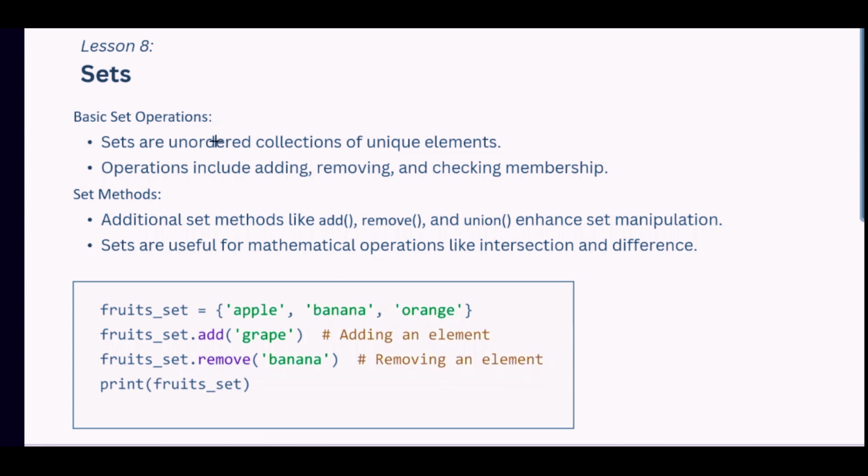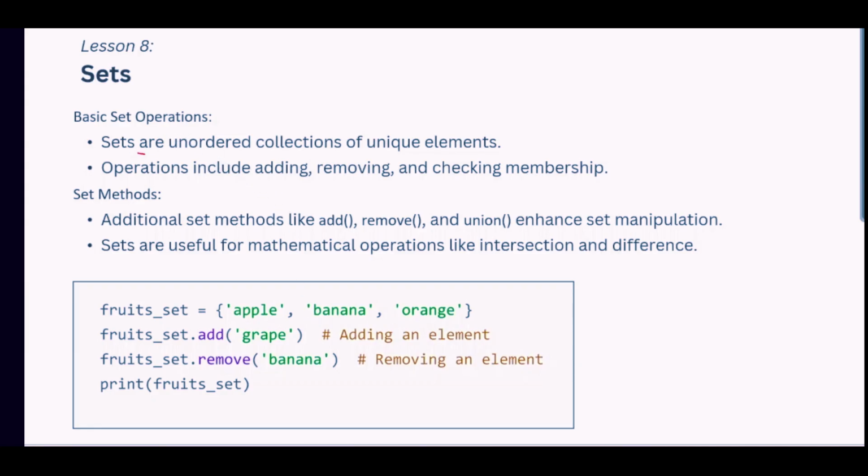The difference between set and list is that in a list one value can be repeated, but in sets there would be no value which gets repeated. So every value will be unique. But here we cannot use the index method because there is no importance of order.